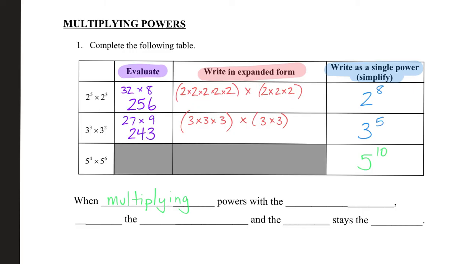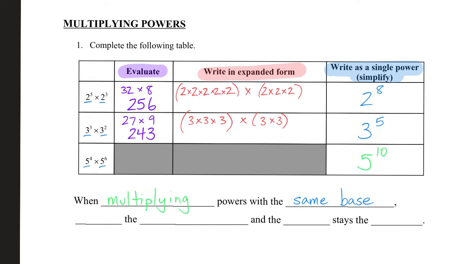And now what I want us to notice is what was the same about each one of those questions other than the multiplying. Well, if you take a look in the first row, it was a power base 2 and a power base 2. In the middle row, it was a power base 3 and a power base 3. In the last row, it was a power base 5 and a power base 5. That means we were multiplying powers with the same base.